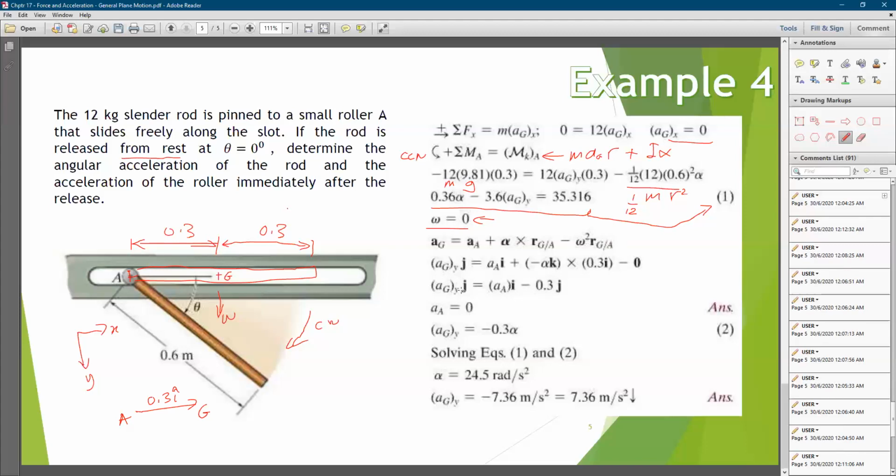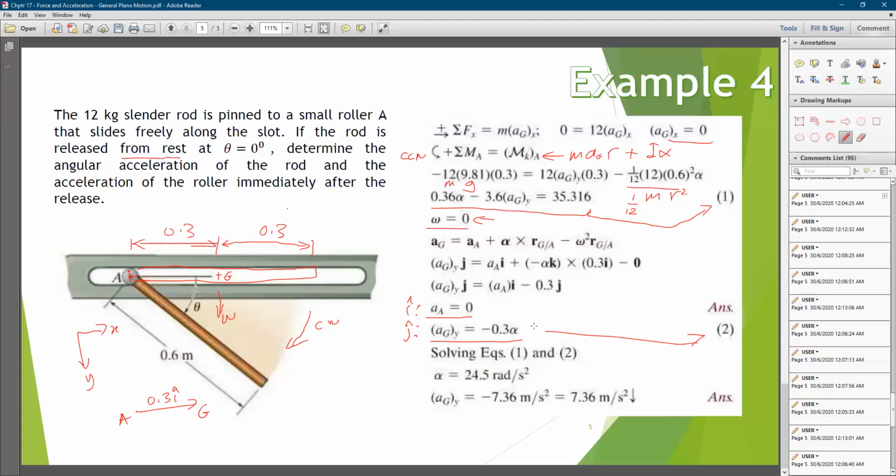So we can obtain this expression here. Then we can look into the i component as well as the j component. Now we know that AA is equal to 0, and AGY is equal to minus 0.3 alpha, and this is our second equation.